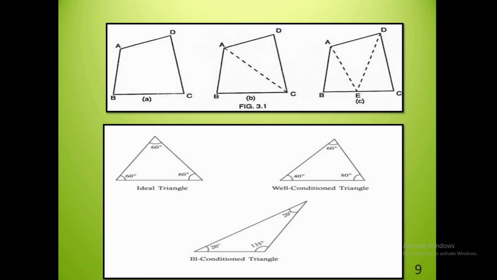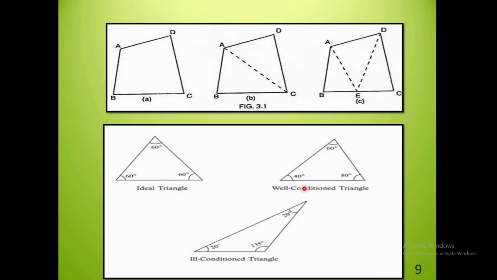Coming to the type of triangle, mainly we recommend the triangle to be an ideal triangle, but it is not possible to go with that always. So we will go with the well-conditioned triangle. In this figure you can see that this is the ideal triangle, which has all the sides equal and all the angles equal. Next is the well-conditioned triangle.